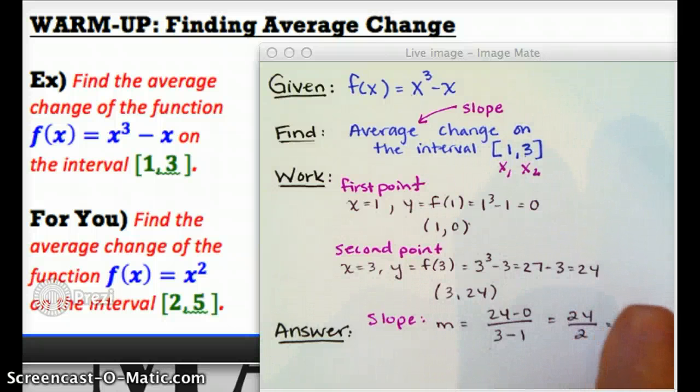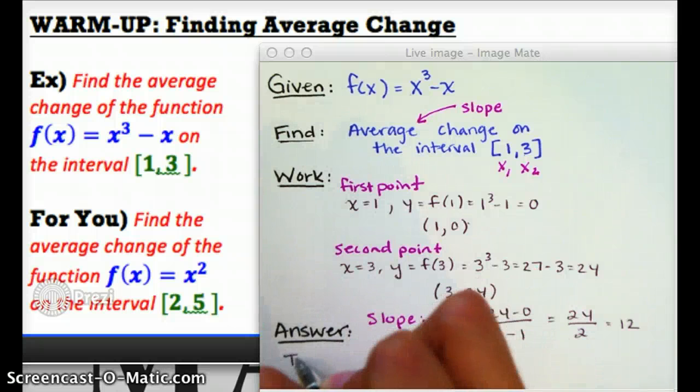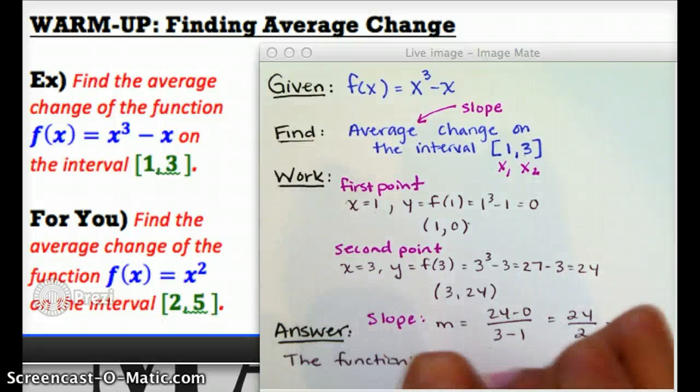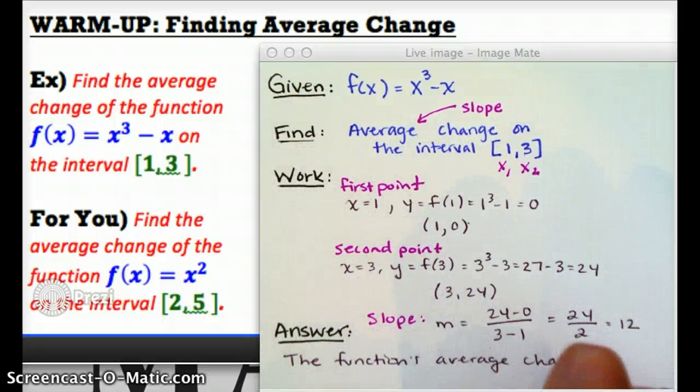Divided by 2 is 12. And let's go ahead and write a sentence out really quickly, just because we will be doing word problems. So I would say the function's average change is 12. And you would add units if you had units. We don't have one today.